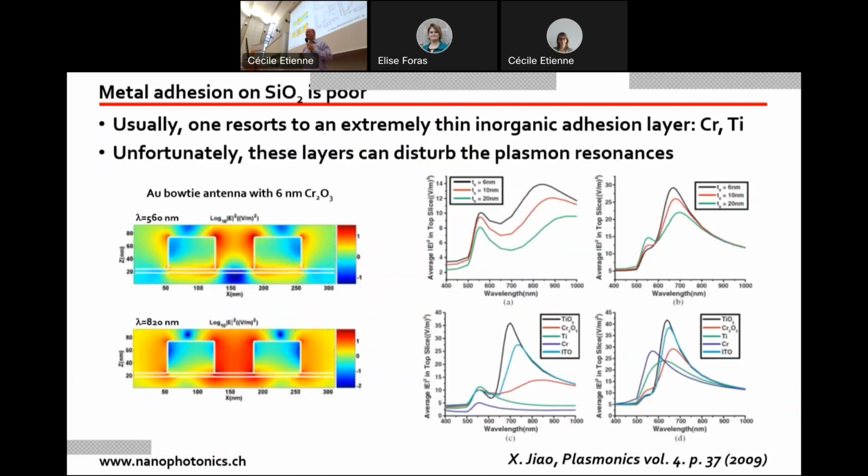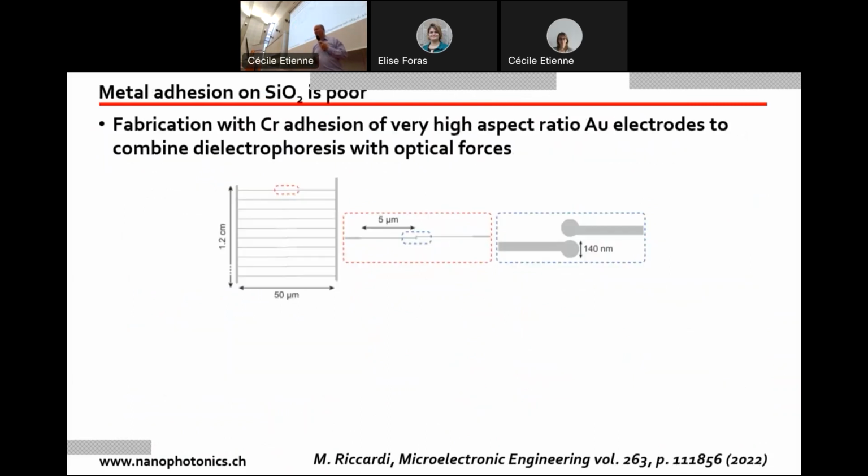This is very painful because most of these plasmonic metals don't adhere well on glass. So you make a structure. I will show it immediately, actually. This is an example. We were trying to make electrodes that would work both for current and light.